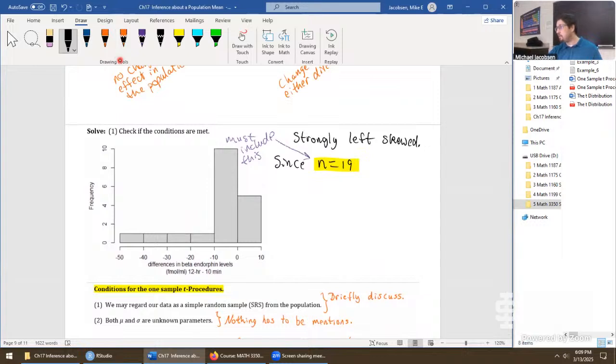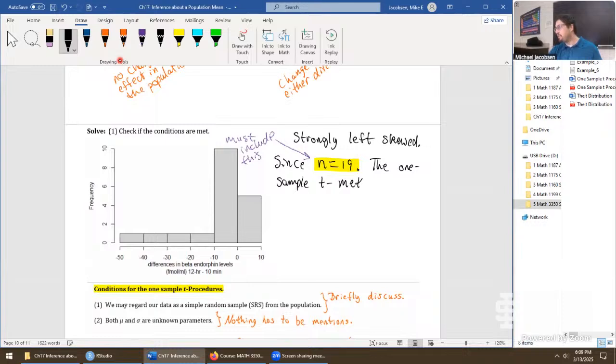Let's say here, the one sample T procedures, let's say this is statistical method. So maybe it's better to say T methods, but it's synonymous if you said procedures.